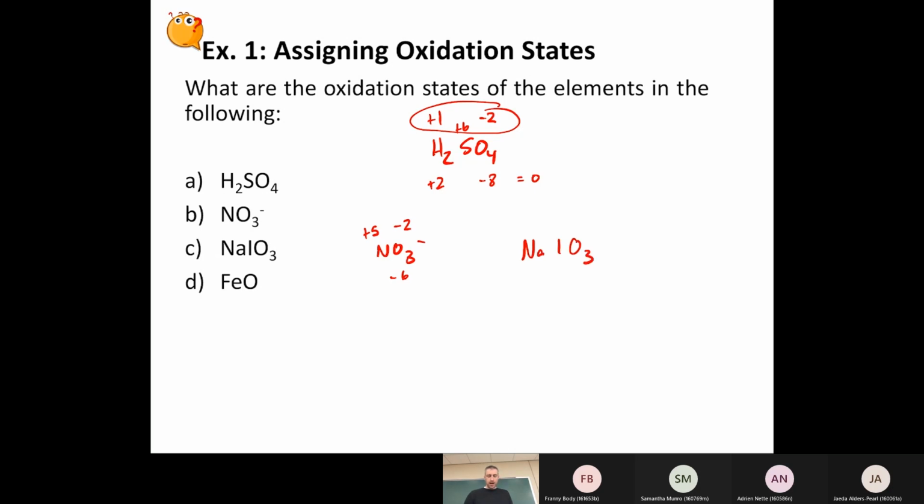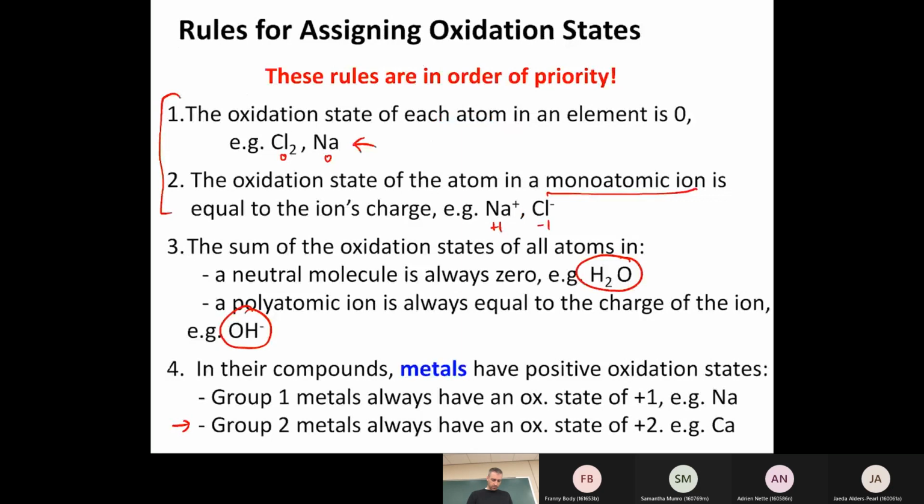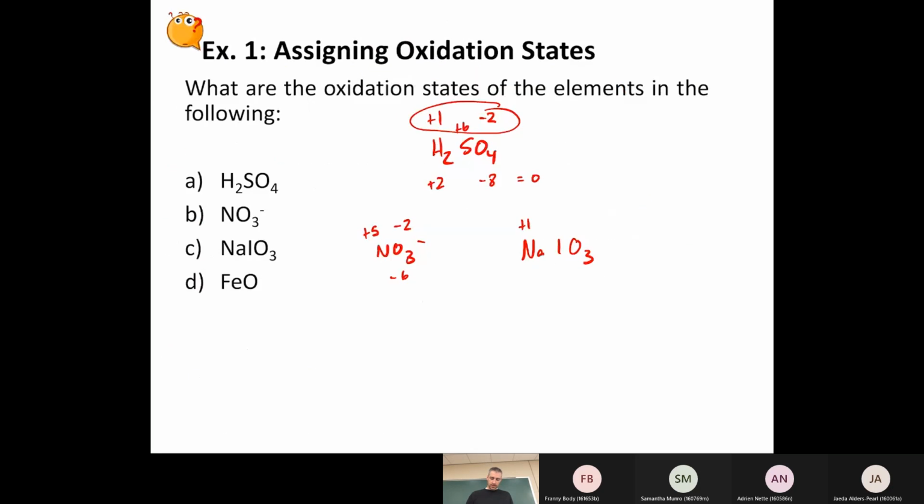NaIO3, neutral, sodium iodate. The sodium will always be +1 because it's a group 1 metal. That's rule 4. The oxygen is always -2, and there's 3 of them, so let's say -6 for the total there, +1 for the sodium there because there's just 1 of them.